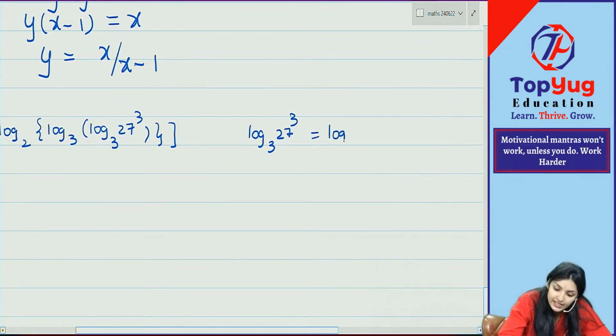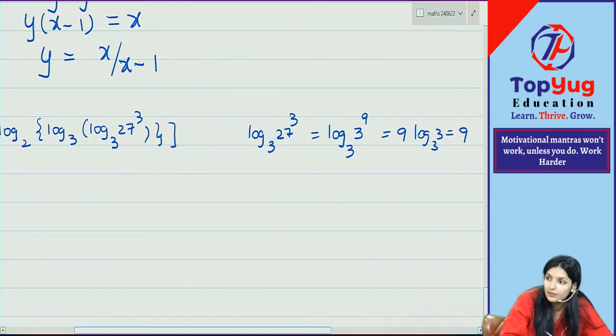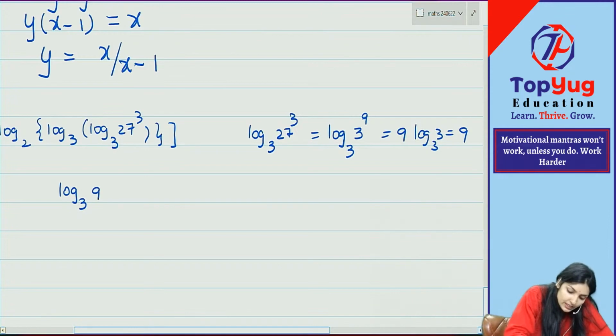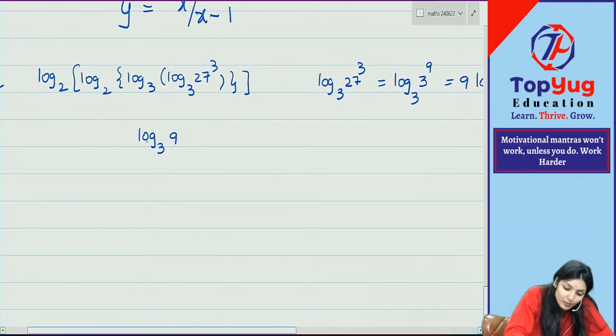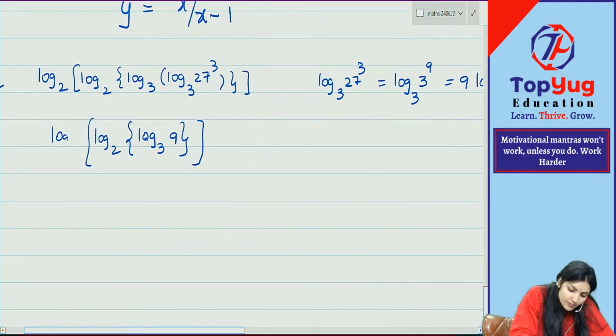Can I write 27 as 3 cube? 3 cube into cube, so 3 to the power 9 can I write? To the power 3. So basically this is log 3 to the base 3, and the answer is 9. So I am putting log 9 to the base 3, sorry, and then again log in brackets.